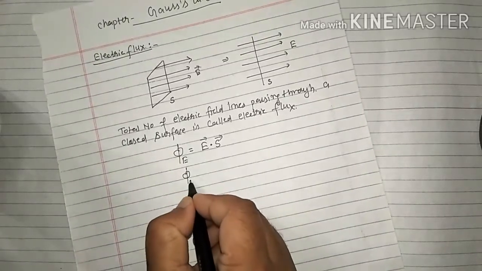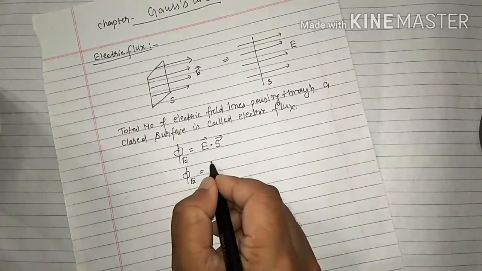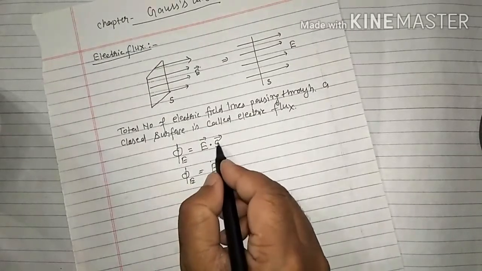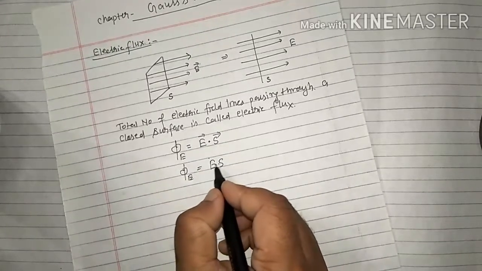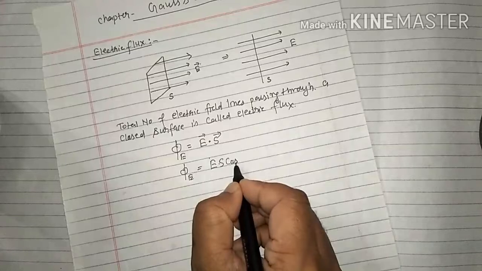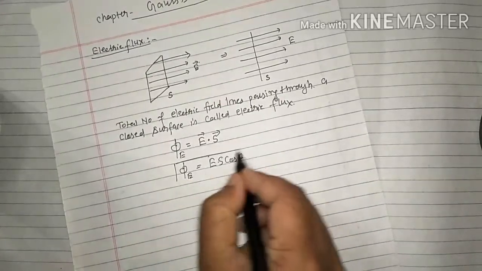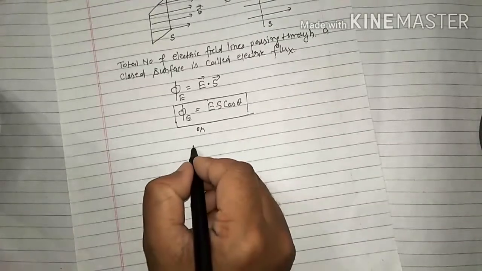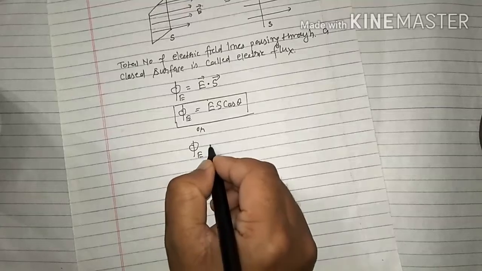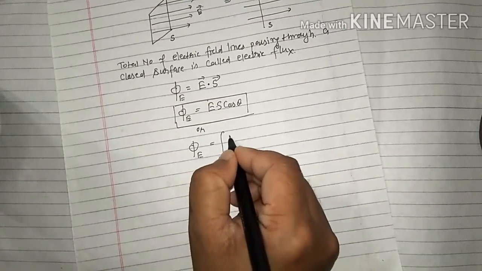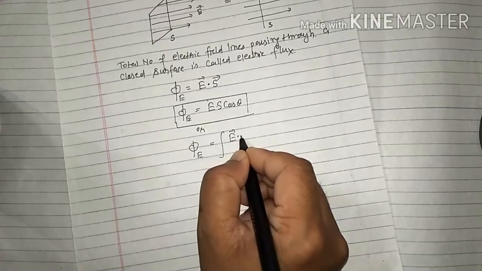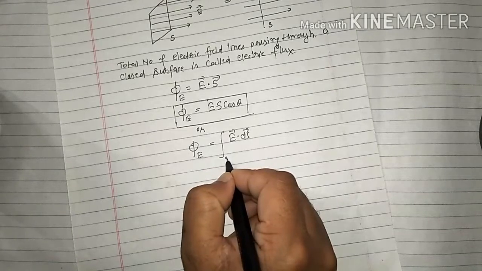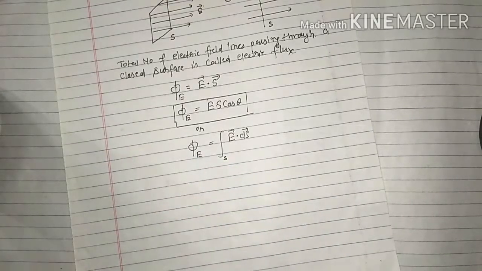So this can be written as phi E is equal to E S. The dot product of two vectors is defined as the magnitude of these two vectors and the angle between them, E S cos theta. Or this can also be written as phi E is equal to the integral of E dot dS, the surface integral of electric field over a closed surface, which is known as electric flux.